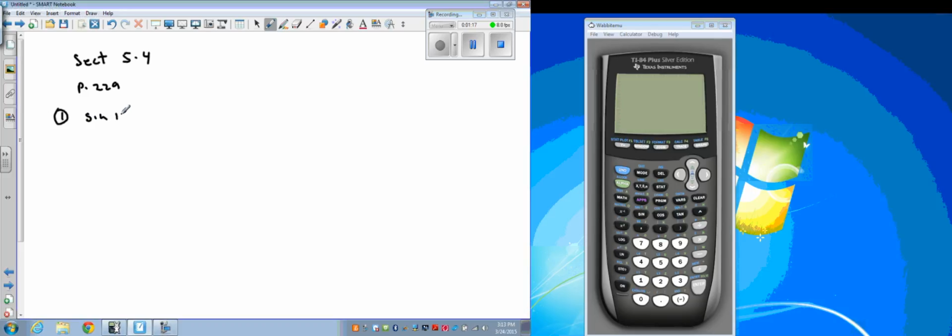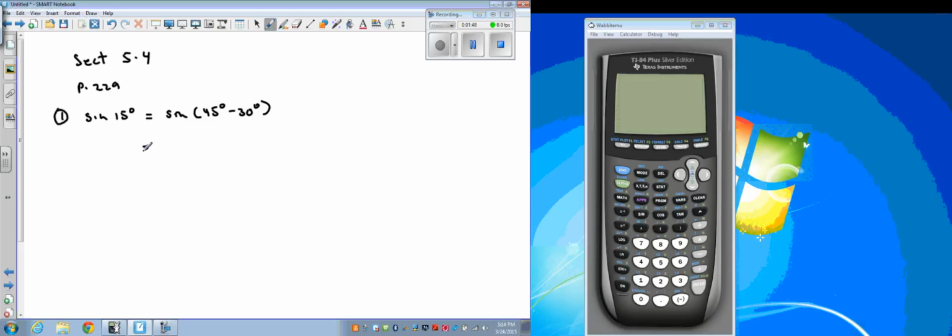And what you do is, for the sine, can you write this thing as the sum of two angles that you are familiar with, so that you can know the values of them? 45 minus 30? That's right.